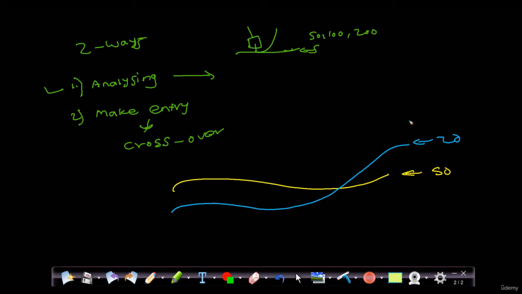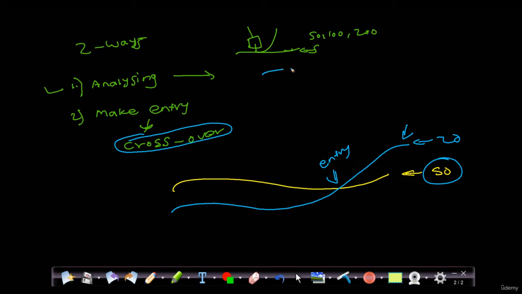The logic behind the crossover moving average trade is, if the 20 moving average line crosses above the 50 line, that means bullishness will come in the market and you need to make an entry here. Got it? Or vice versa.